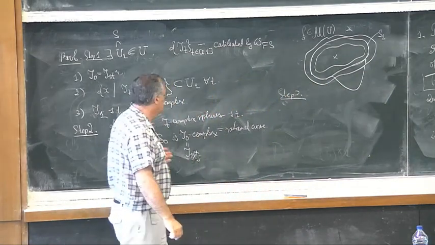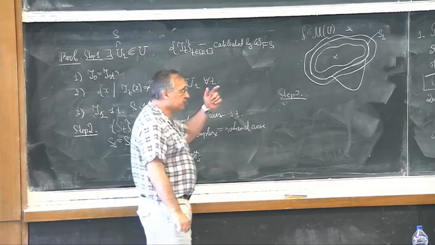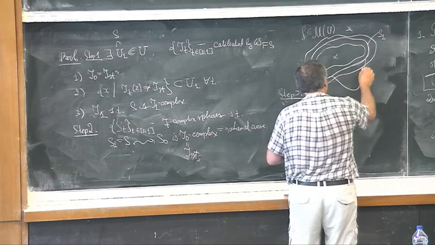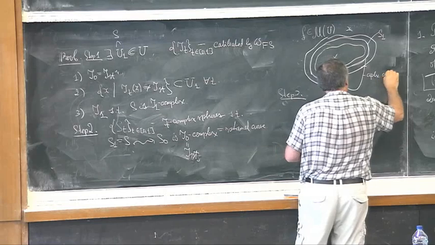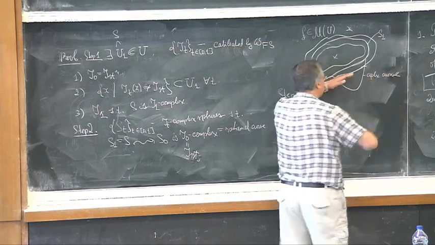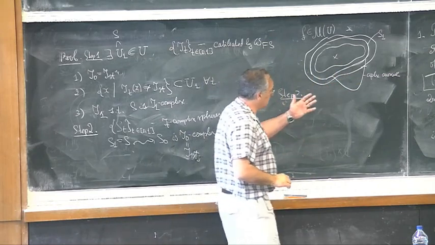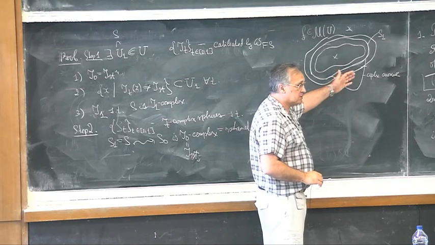Then the limit will stay in U. But if it goes out, then it goes out by a piece of a usual complex curve, because structures outside of the neighborhood are standard. So you are in the assumption of the continuity principle.